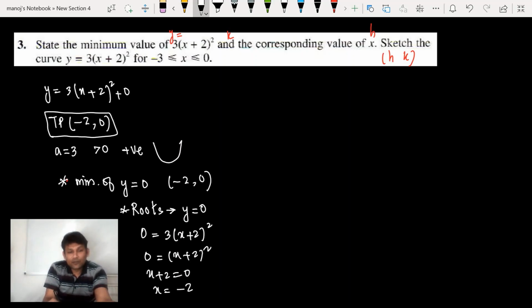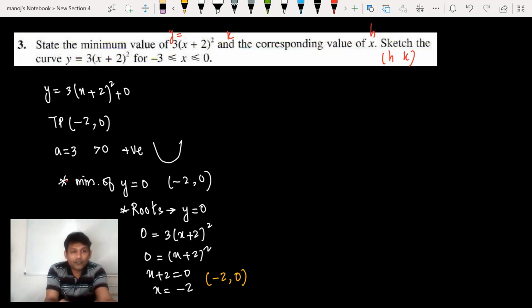So the root is minus 2, comma 0. There is only one root. I told you in any of the questions, one root means same roots. There are two roots, both are minus 2.